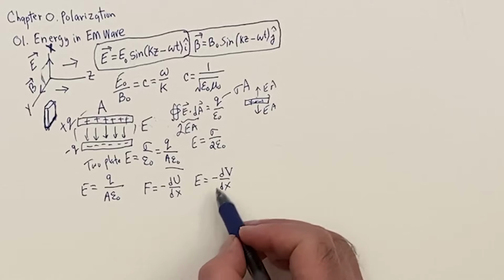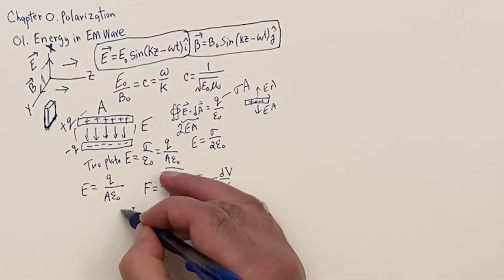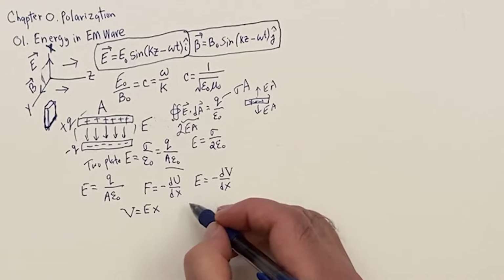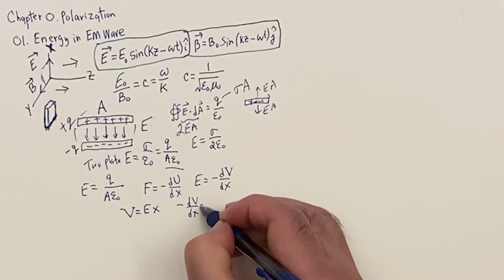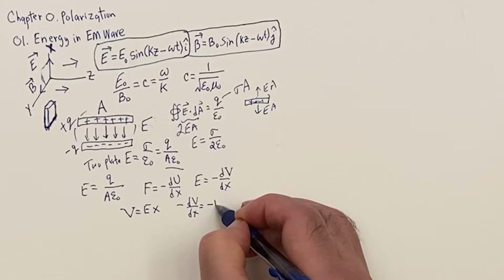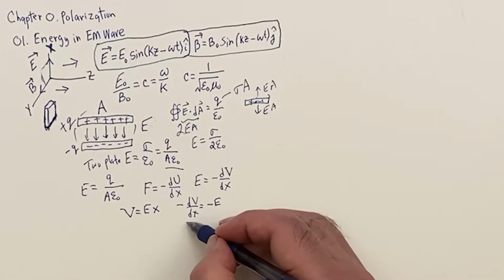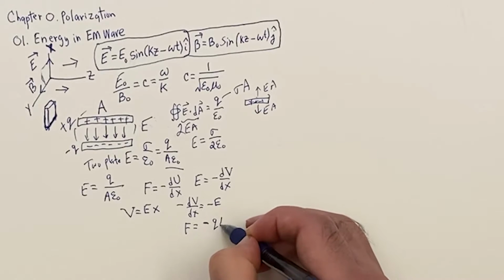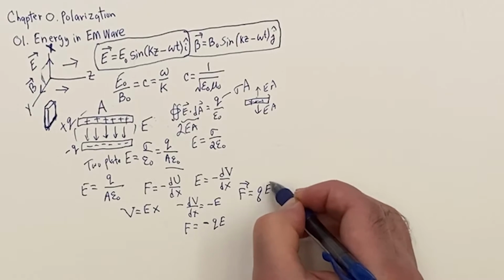Here, if we look at this, you can see by inspection that the V has to be E times X, because if you took the derivative, minus dV/dx, you get minus E. That means your force, when you put your Q in your general formula, remember the force is Q times the E vector.